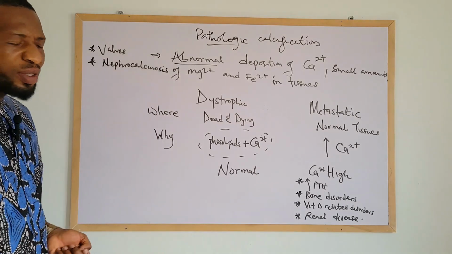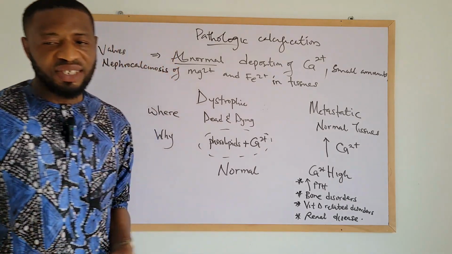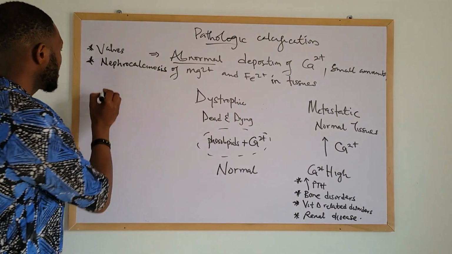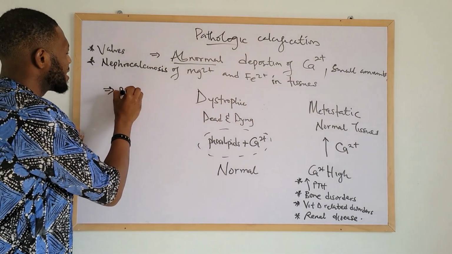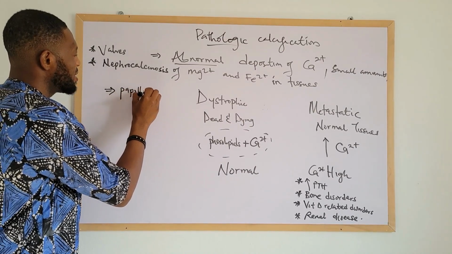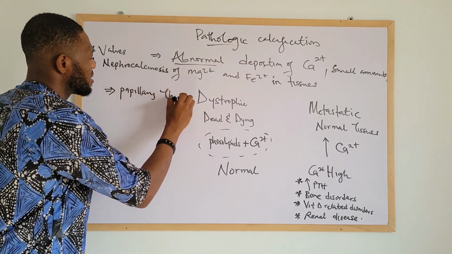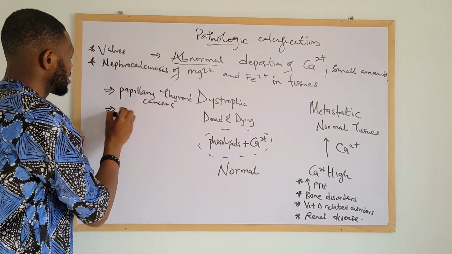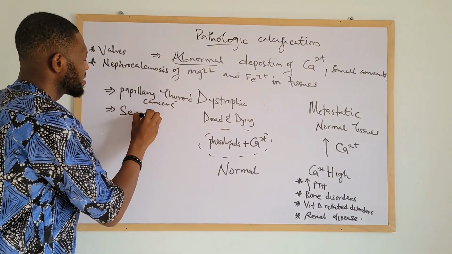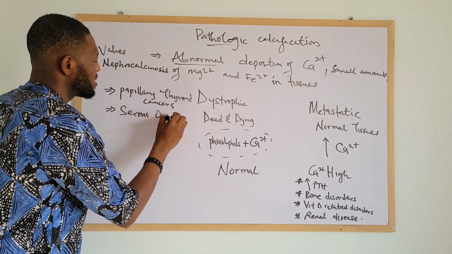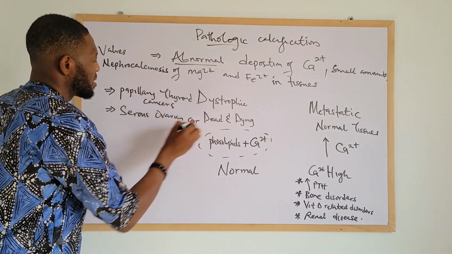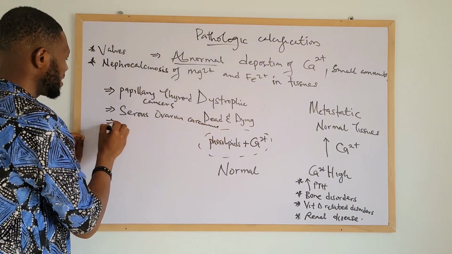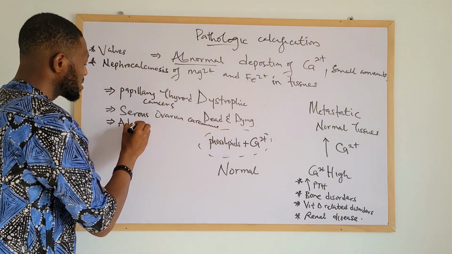Now, there are several conditions where these calcifications can be seen. We can see them in papillary thyroid cancers, serous ovarian carcinomas. We can see them in adenocarcinoma of the lungs.